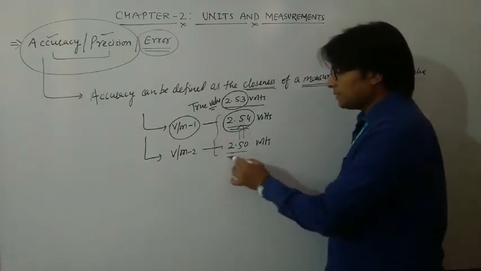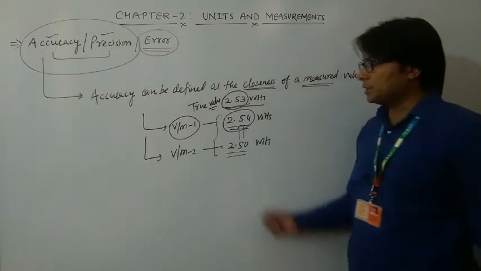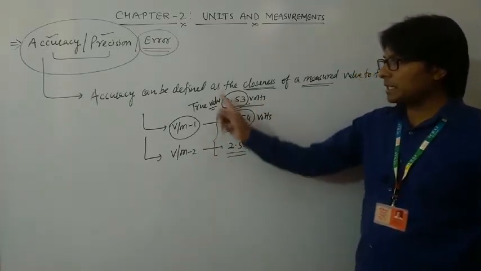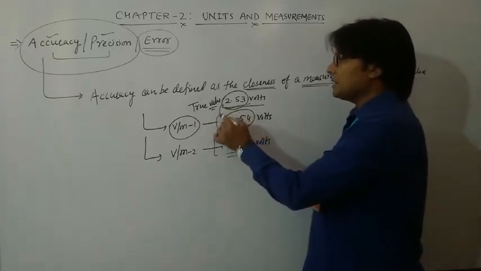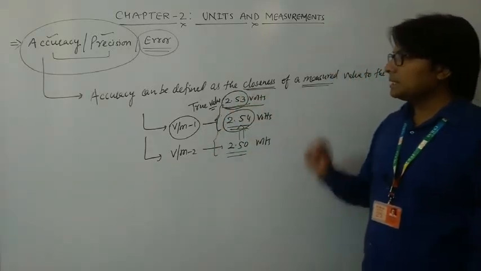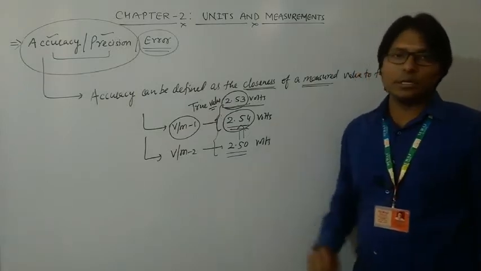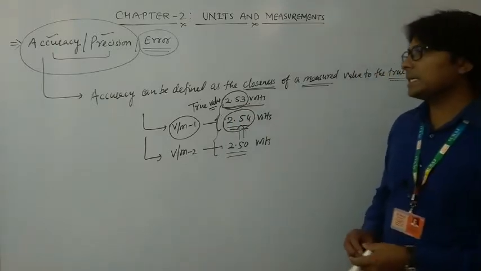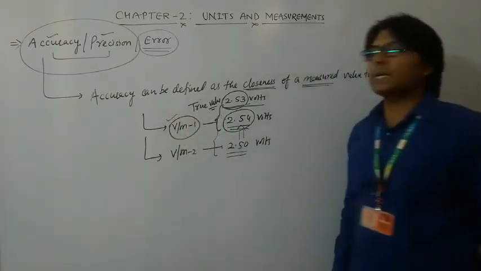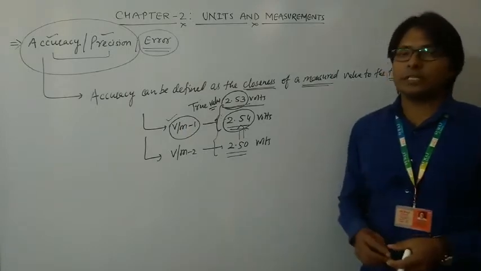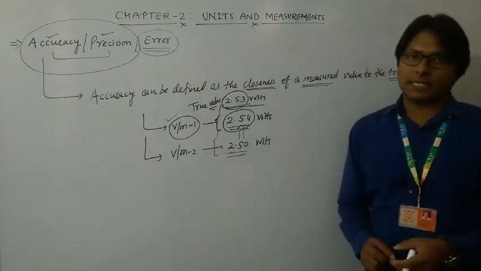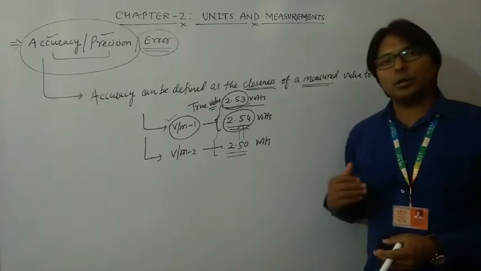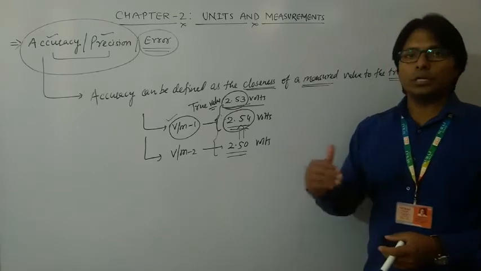There is a difference of 0.01 volts between the reading of voltmeter 1 and the true value, while the difference for voltmeter second is 0.03 volts. So voltmeter first is more accurate as compared to voltmeter second. Okay, so this is about accuracy. It tells us about the closeness of a measured value to the true value.